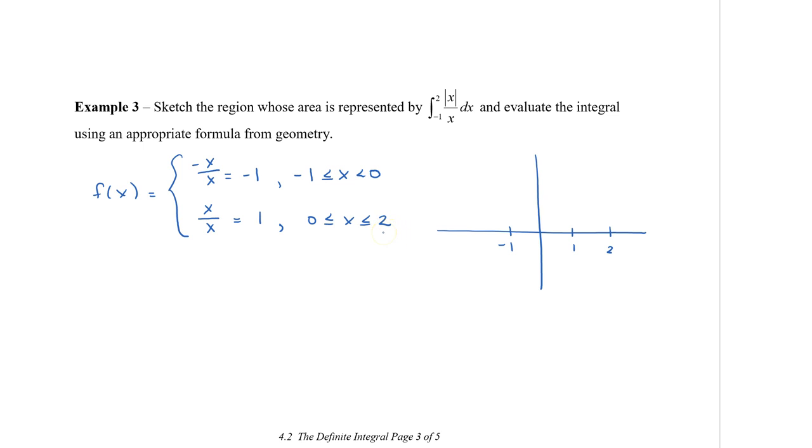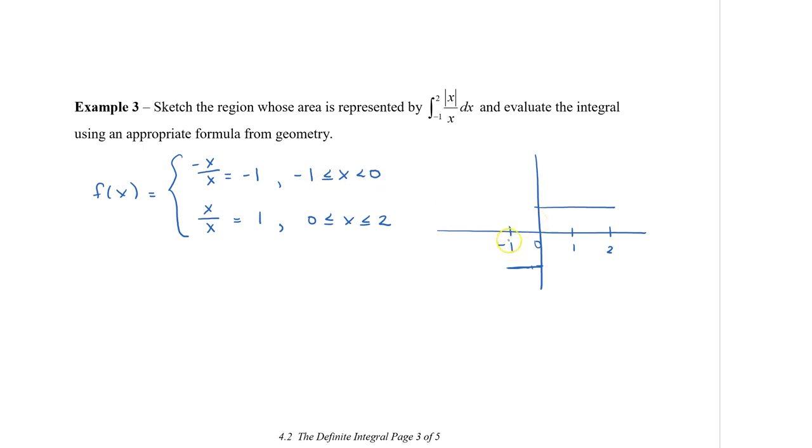All right, so drawing this picture, I have from -1 to 0, from here to here, I have y equals -1. So I have a horizontal line right here. And then from 0 to 2, I have a horizontal line at y equals 1. So that would be from here to here. All right, so let me fill it in with some red here.